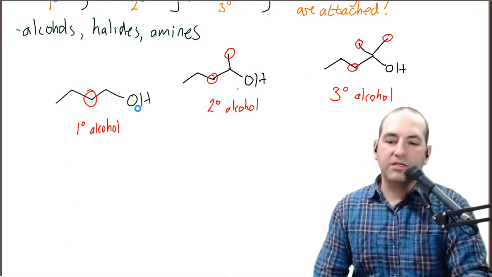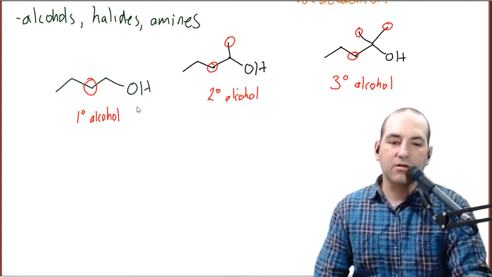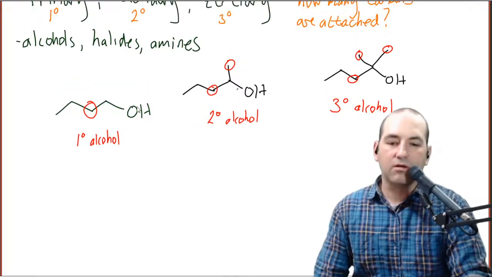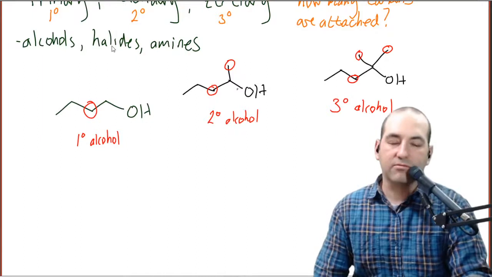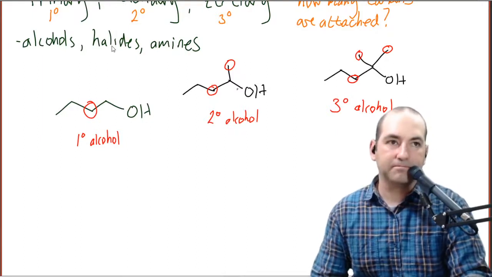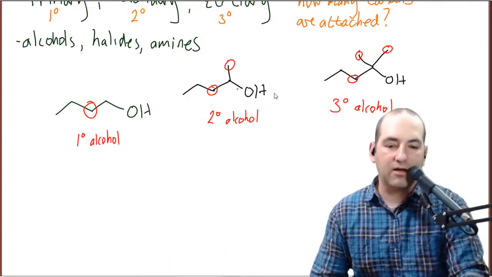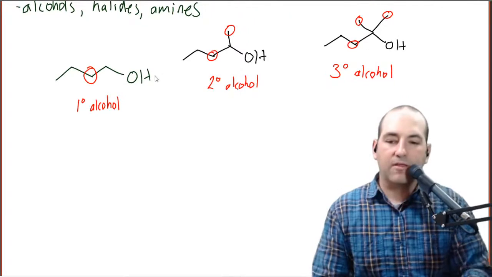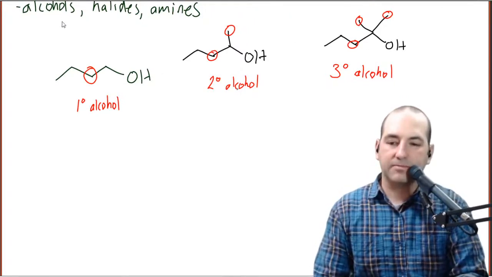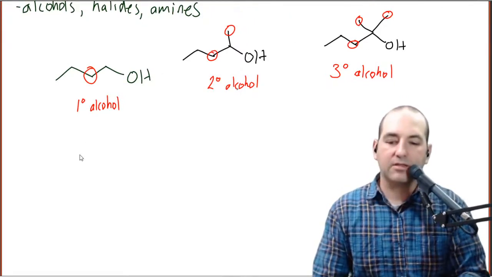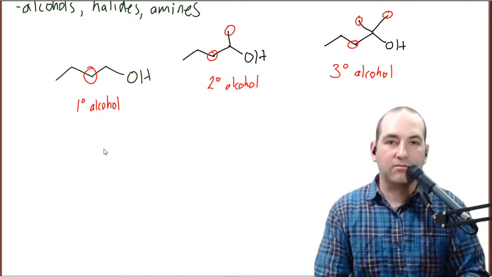And so if you imagine that oxygen could also be a halide, like chlorine or bromine or something, you have the same thing. You can have a primary halide, a secondary halide, a tertiary halide. The difference comes in the amines, because nitrogen can have more than just 2 bonds.